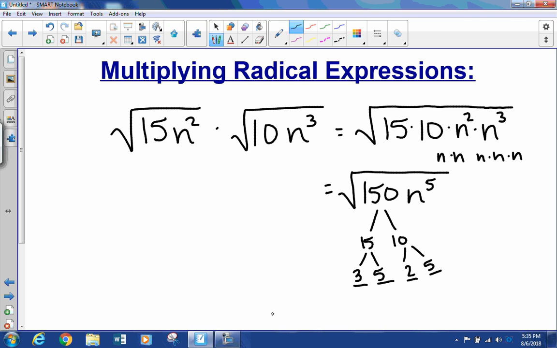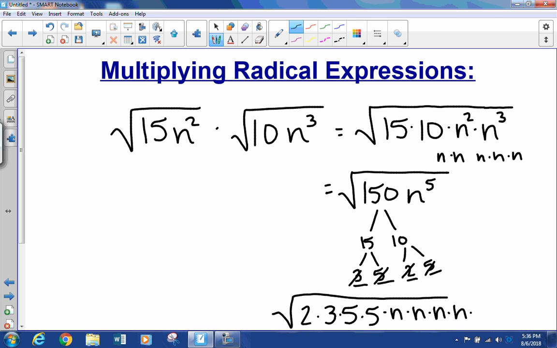And so underneath my larger radical, I now have the numerical factors of 2, 3, 5, and 5. In addition to that, from the variable portion, n to the power of 5 means I have 1, 2, 3, 4, 5 factors of n.